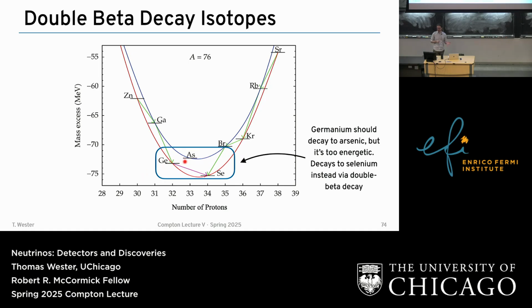So instead, I have to skip over arsenic and go all the way down to selenium. And that process is the double beta decay process. So I've now skipped over arsenic and emitted 2 beta particles or 2 electrons to convert 2 protons into 2 neutrons, and now I'm at selenium, which is the more stable configuration. So just as a feature of nuclear physics, sometimes you can have these 2 beta decays happen based on a particular arrangement of the nuclei that are involved.